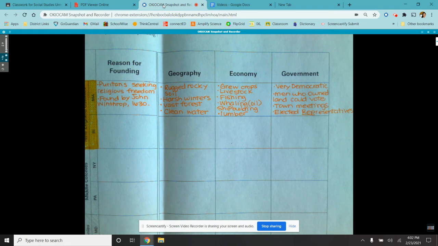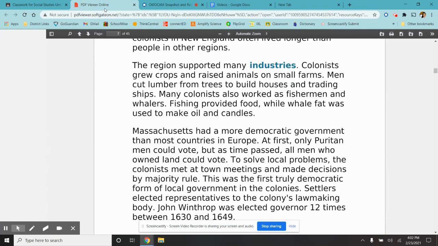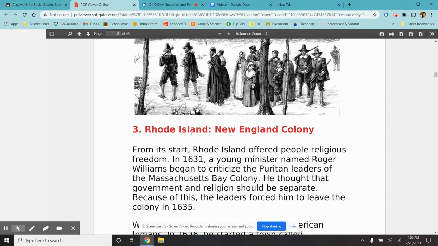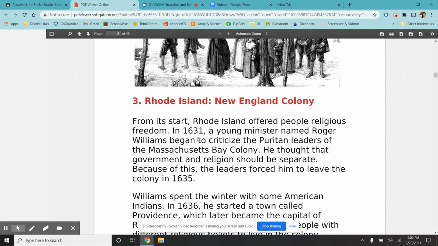All right, so now we're going to move to Rhode Island. Rhode Island, New England colony. From its start, Rhode Island offered people religious freedom. In 1631, a young minister named Roger Williams began to criticize the Puritan leaders of the Massachusetts Bay Colony.